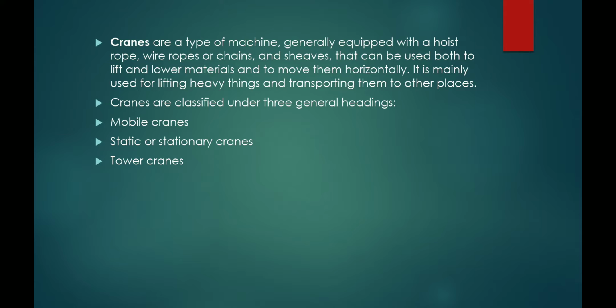Mobile cranes are mounted on treads or wheels and can be moved from job site to job site. And static or stationary cranes, as well as tower cranes, are semi-permanent structures fixed to the ground or building that lift and move loads along a fixed path.